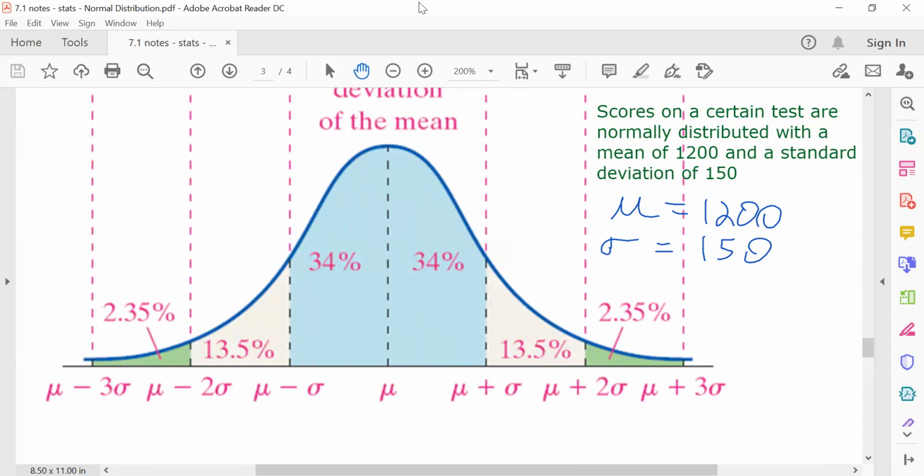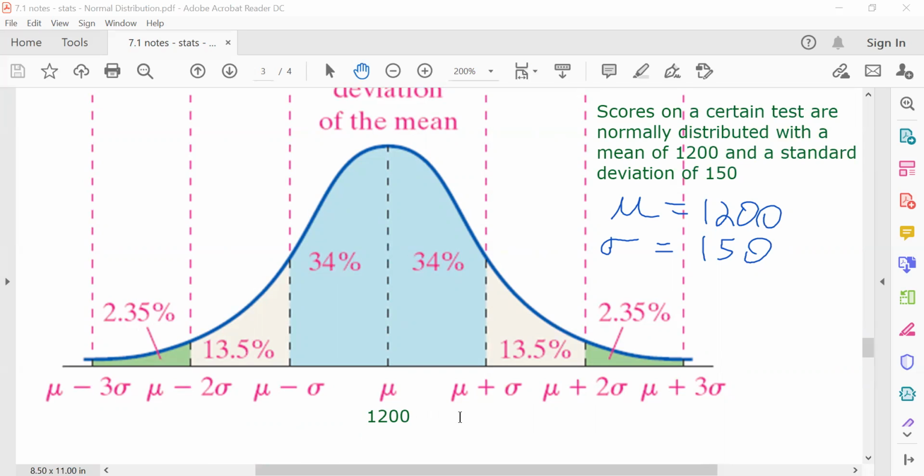In the very middle would be the 1200, because that's what mu is. And so this means that scores on the test, because 1200 is in the middle, that means about half the people who take the test, 50%, fall below the mean. And 50% fall above the mean total.